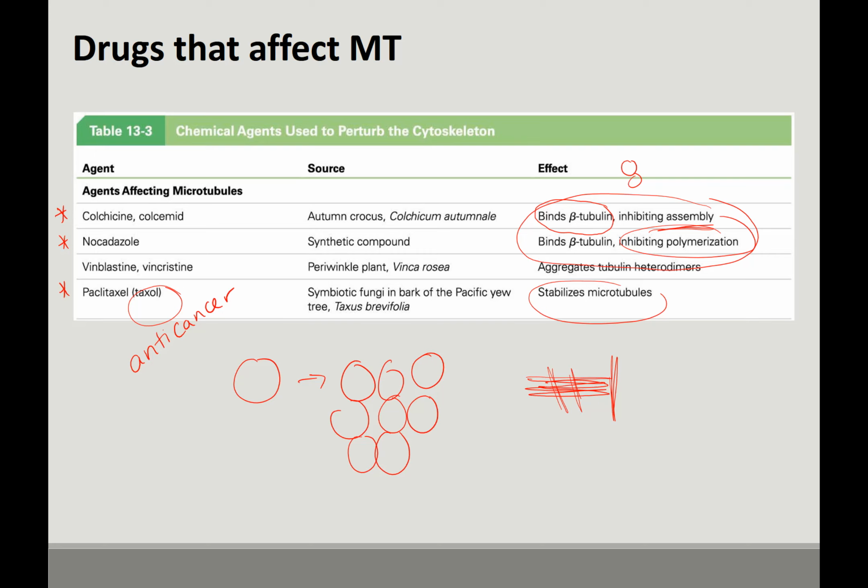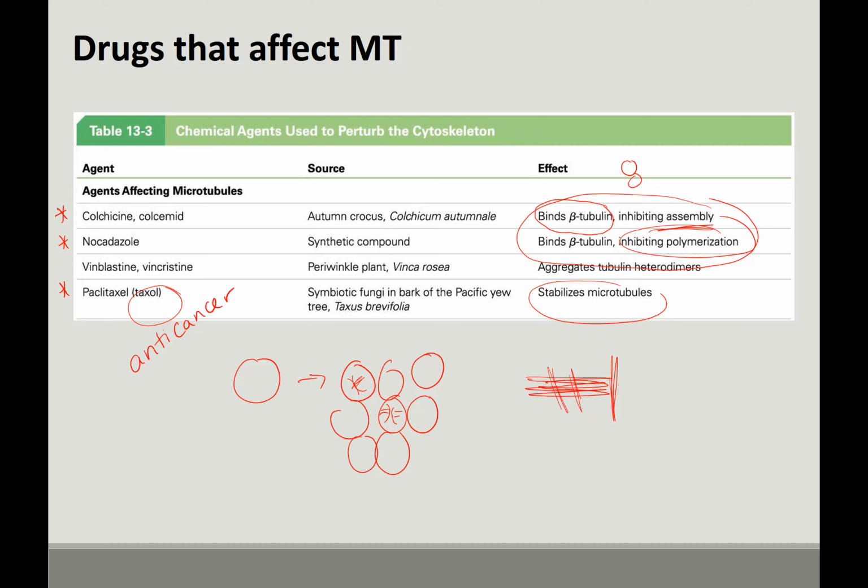So if you treat these rapidly dividing cells with Taxol, they stop dividing because they're stuck. The microtubules that are trying to separate the chromosomes are stable, and they can't complete cell division. And one of the hallmarks of cancer cells versus normal cells is that they are more rapidly dividing. And so we use chemotherapy drugs that target cell division.